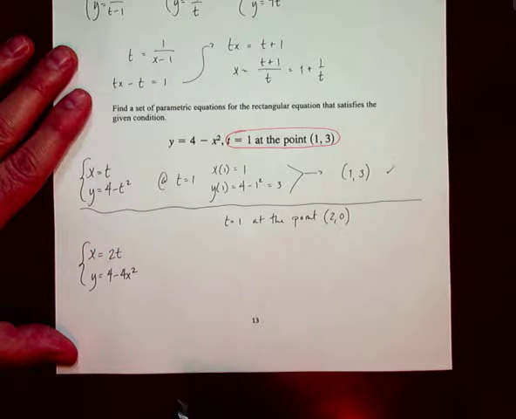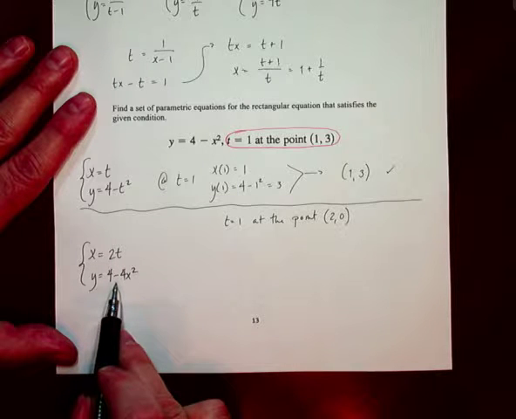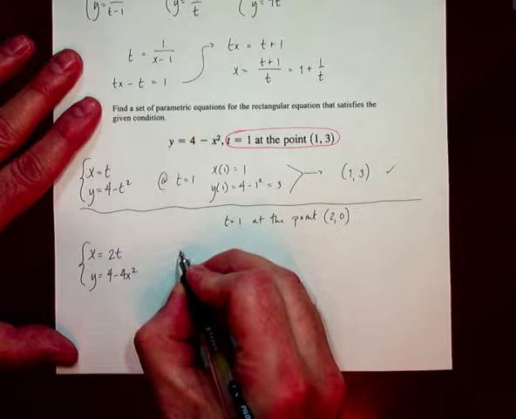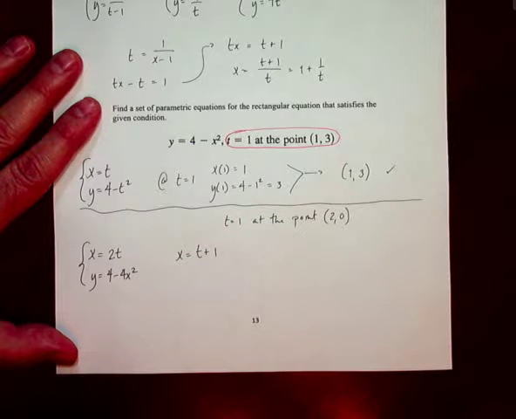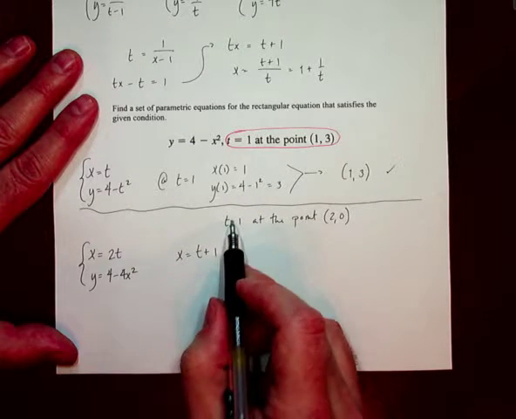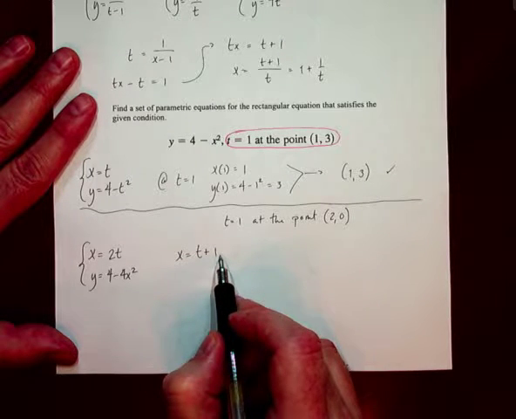And at t is equal to 1, I get 2 and 0. Okay, well, there's another way to get that. Could I have said t plus 1? Because if I plug in 1 into here, I get 1 plus 1, and that's another way of getting 2, obviously. Would it be the same?